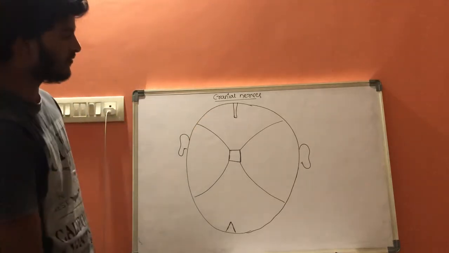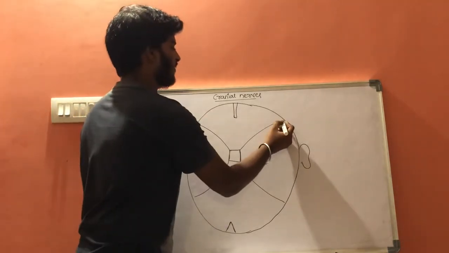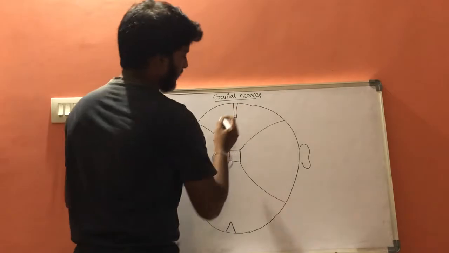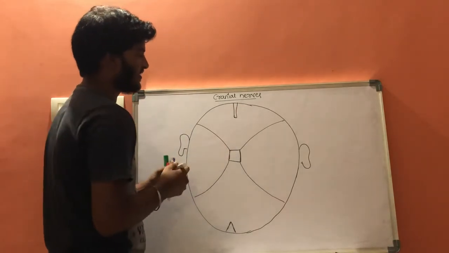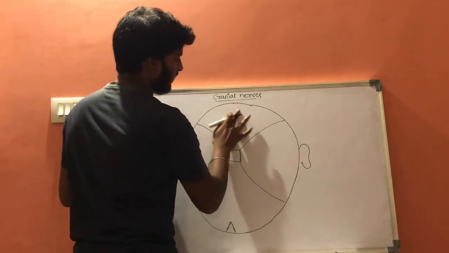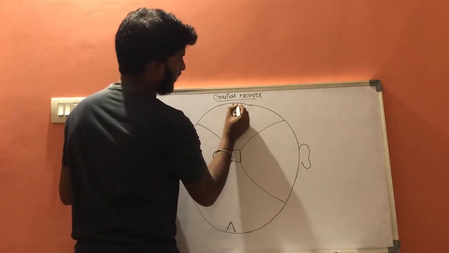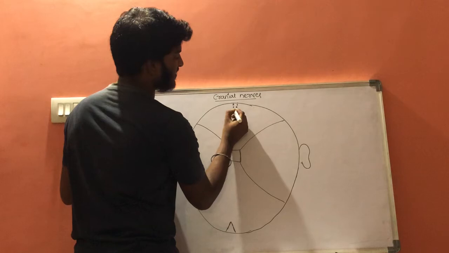Now, here there are special structures that are cribriform plates.